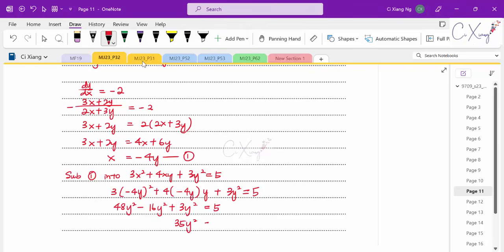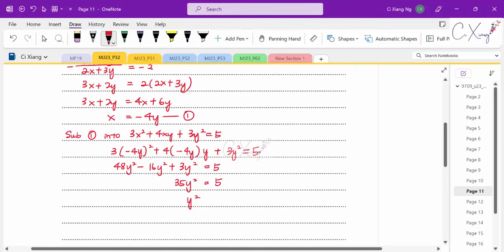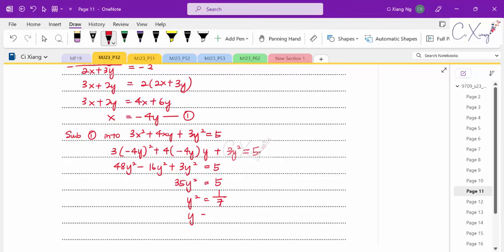35y squared equals 5. Therefore, y squared is 1 over 7. To get y, I need to consider the plus minus sign, so y equals plus minus 1 over square root 7. You can substitute back into equation number 1 to get the value of x.